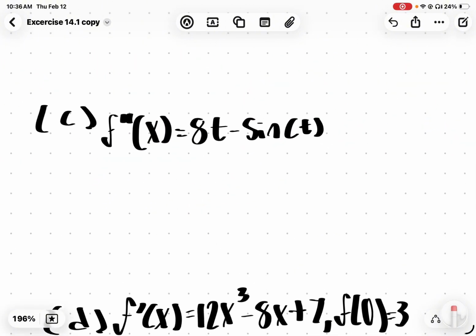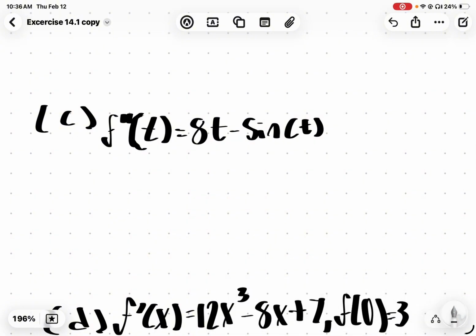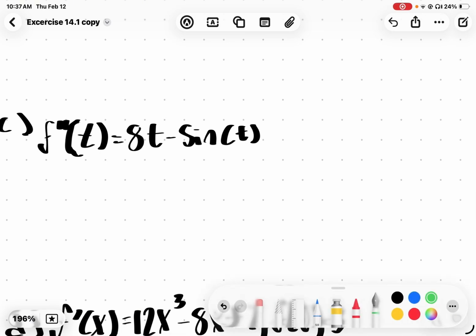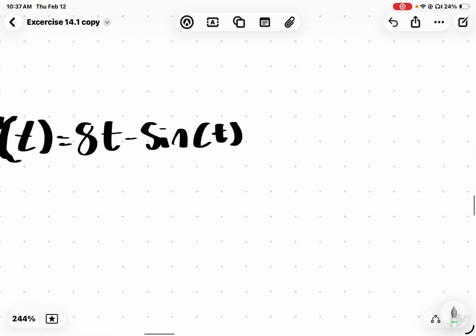Moving on to part C, this is supposed to be t. We have f double prime of t equals 8t minus sine of t. So we have to do the integral 2 times again.